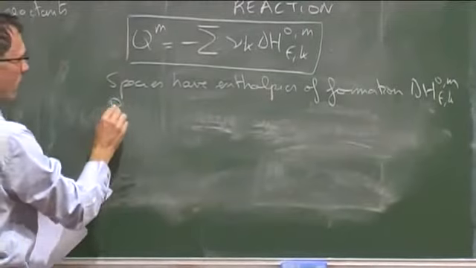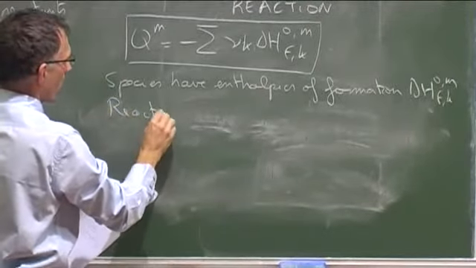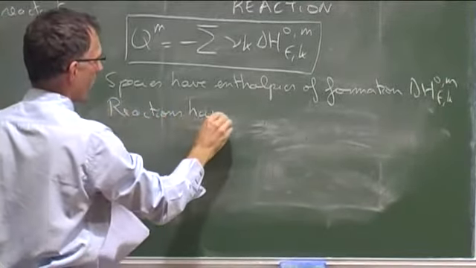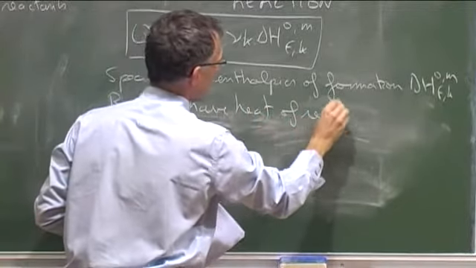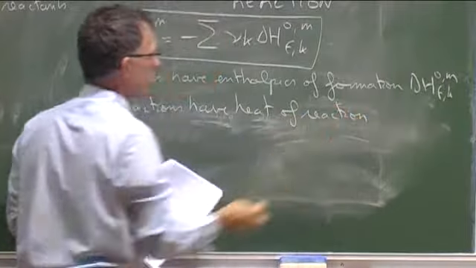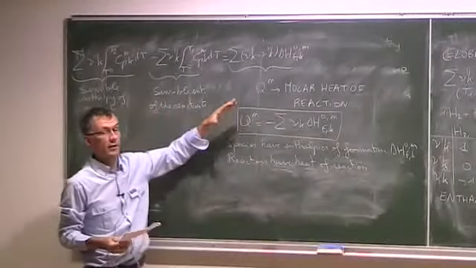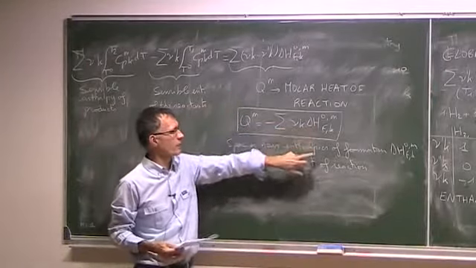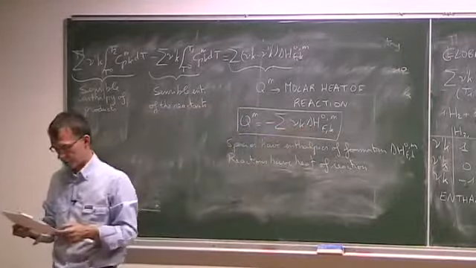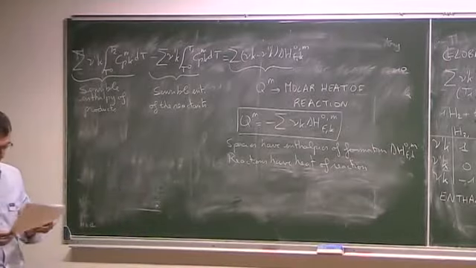But reactions have heats of reaction. And it's not the same, okay? To define a heat of reaction, you need to define a reaction. And the heat of reaction is a function of the enthalpies of formation of all the species involved in your reaction.